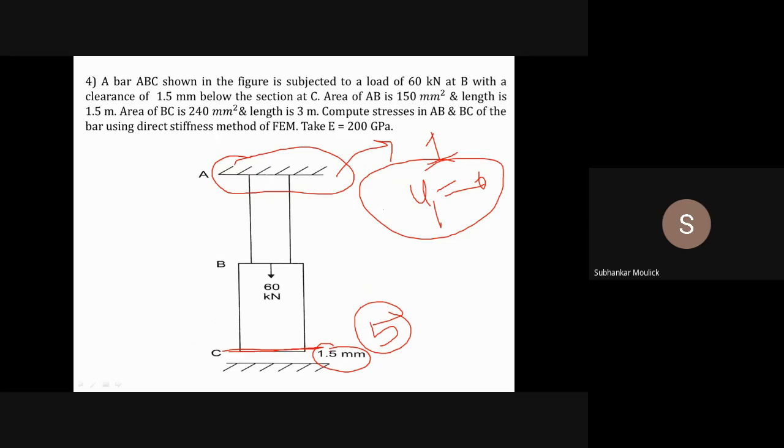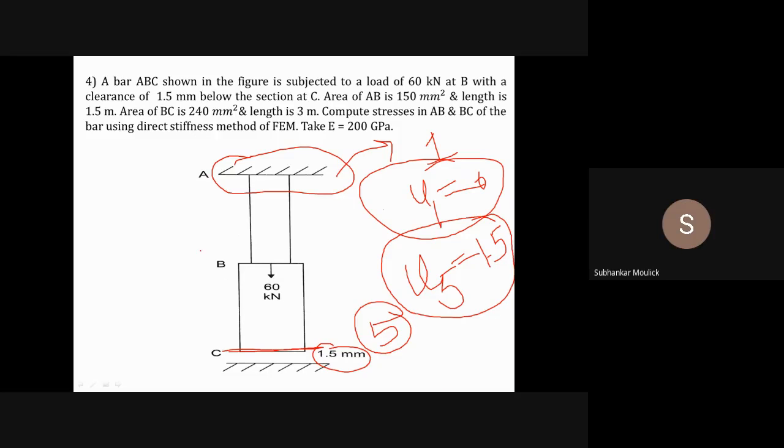It cannot go beyond 1.5 meter, because then the location of node 5 will be outside this fixed region, which is not possible. So U5 is also given to me, that is 1.5 meter. Is it clear to all of you?